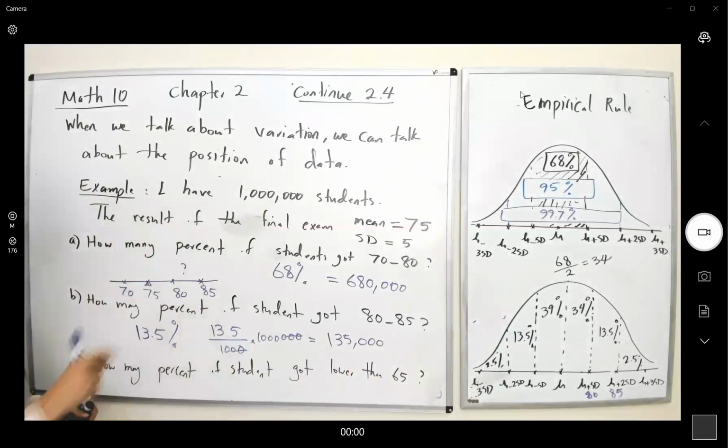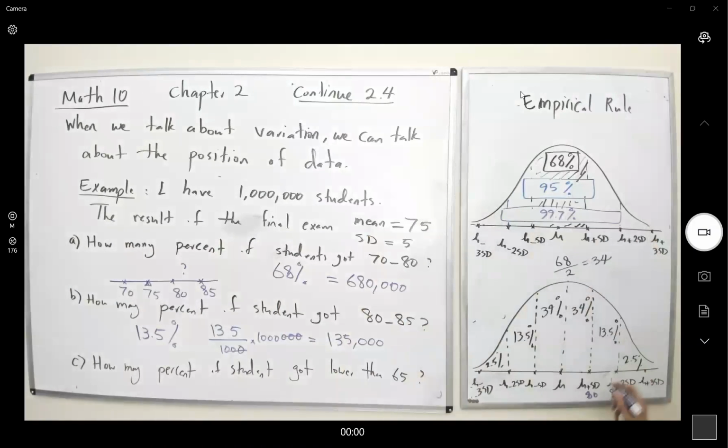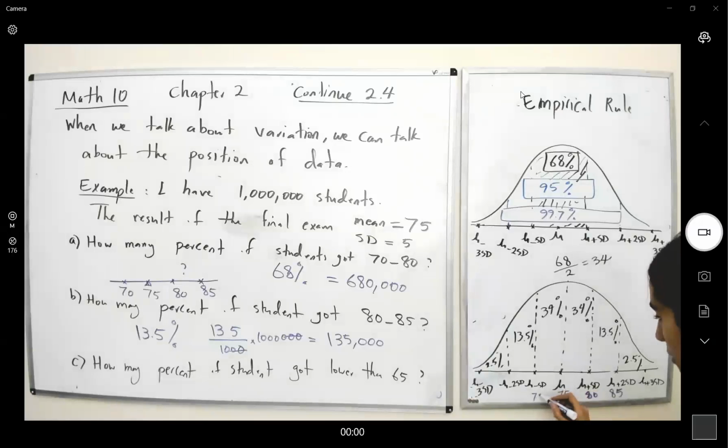And finally, how many percent got lower than 65? The mean is 75, one standard deviation is 70, and two standard deviations is going to be 65.